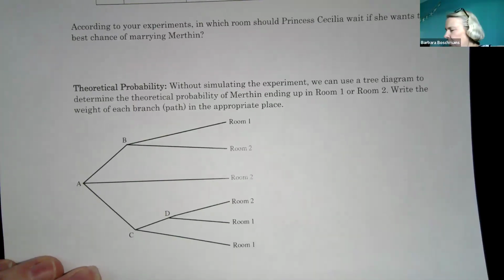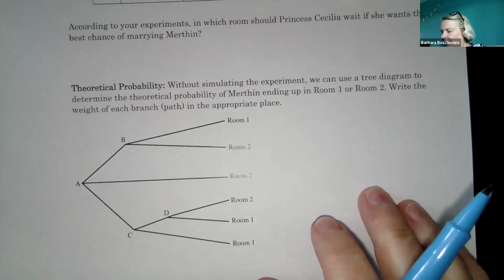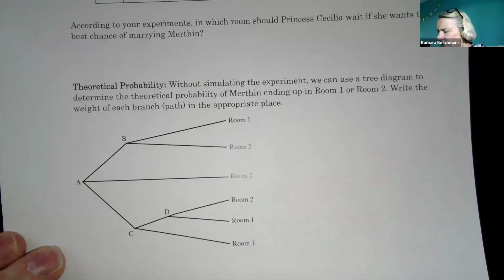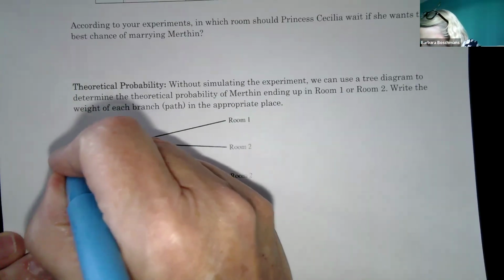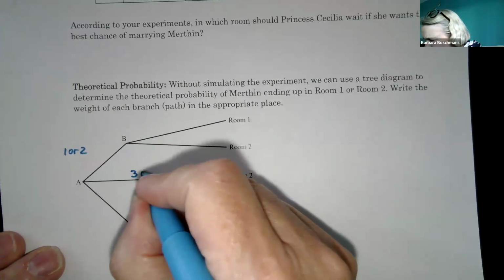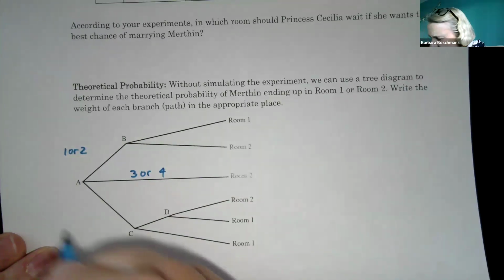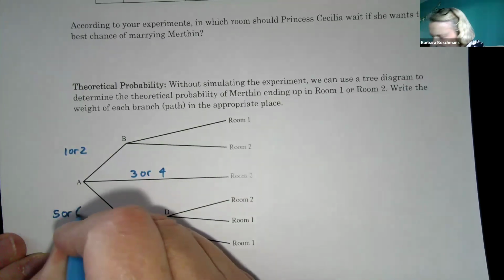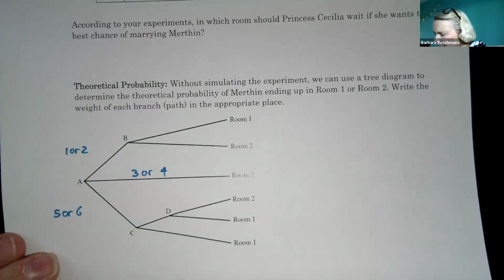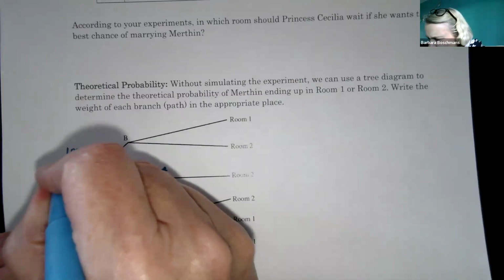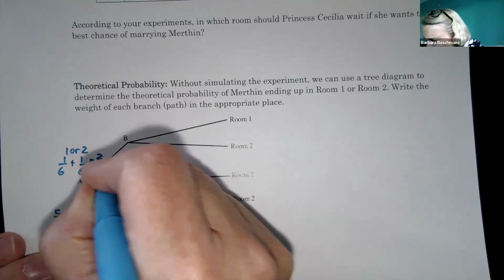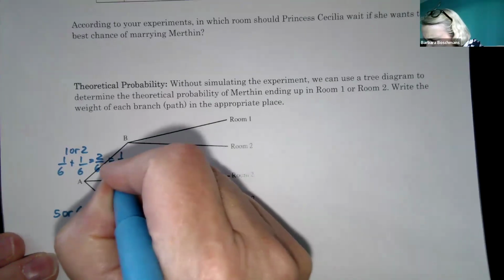Now we're going to look at the theoretical probability. If you remember, at point A we were rolling a die, right? A die has 6 sides, and a 1 or 2 went left, a 3 or 4 went straight, and a 5 or 6 went right. So what is the probability? Well, it's out of 6, so this is 1/6 plus 1/6, which is 2/6, which is 1/3.